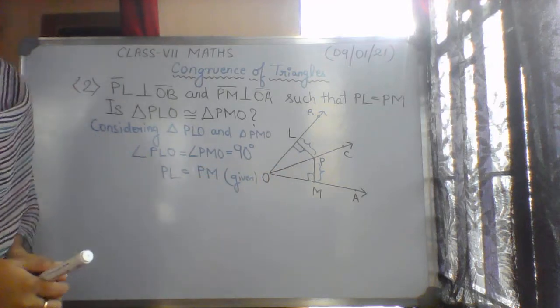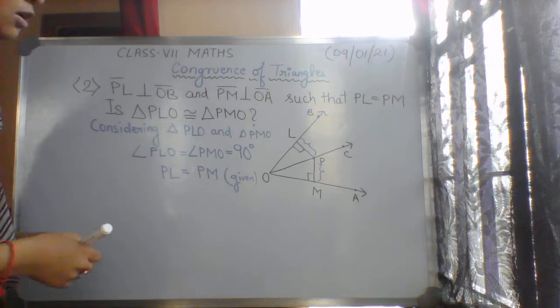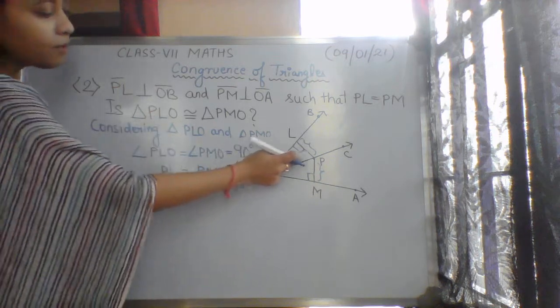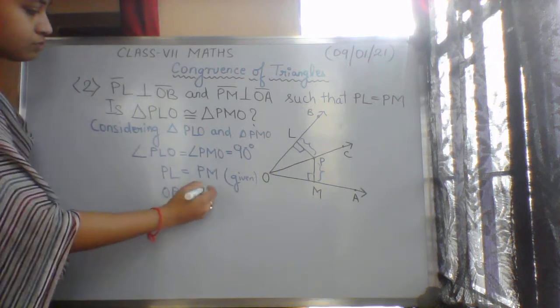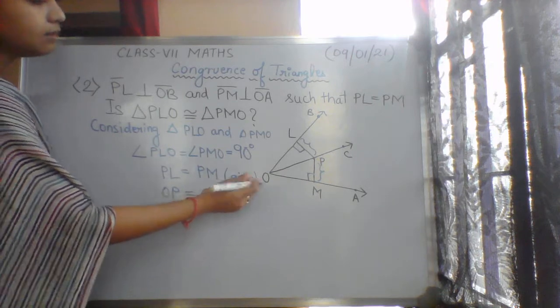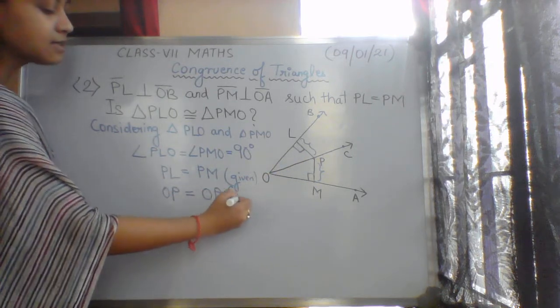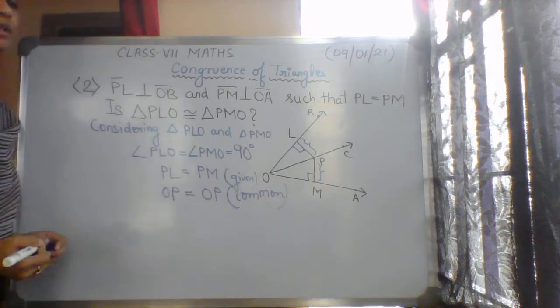So OP is common between them, so the lengths of those sides will be equal. OP of triangle PLO is equal to OP of triangle PMO, because they are common for both triangles.